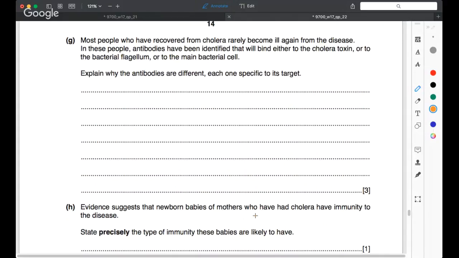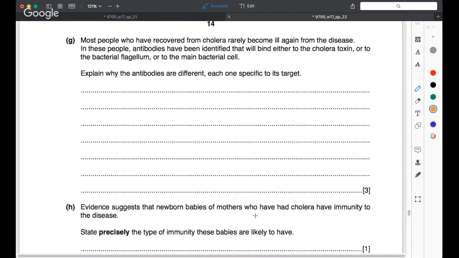Okay. Because the B cells that attach to the toxin, the main bacterial cell, the bacterial flagellum, are all different, and they have different receptors for the antigens.